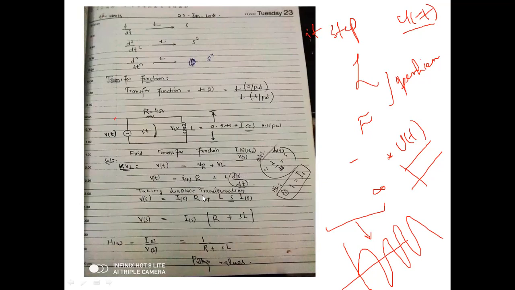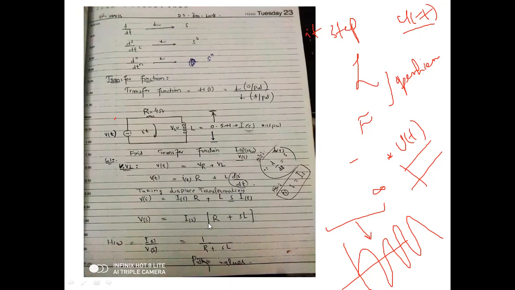Now applying the Laplace transformation, v of s, t will be substituted with s, and remember, small i will be written as capital I. So capital I of s R plus L, d by dt of Laplace is s, so L s I of s. Okay, so taking I common, v of s is equal to I of s times R plus sL.